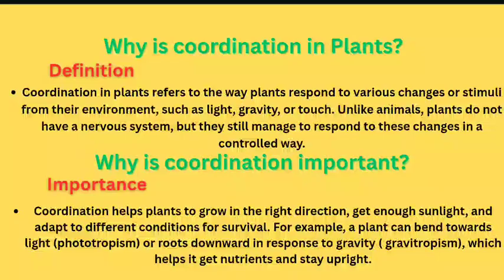In an easy manner, you can say coordination in plants is the way to respond to various environmental factors like light, gravity, touch, etc. Unlike animals, plants do not have a nervous system, but they still manage to respond to these changes in a controlled way. So, how can they manage?